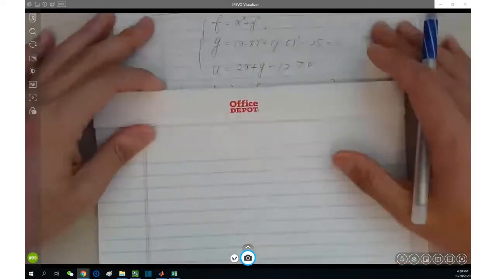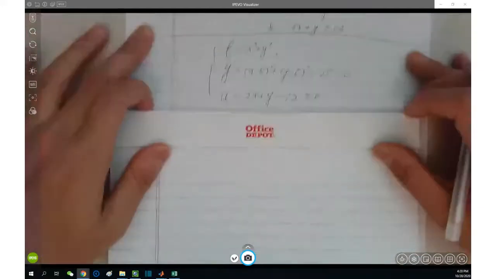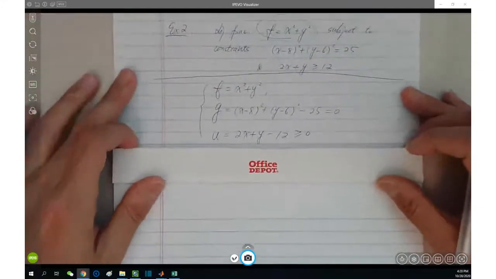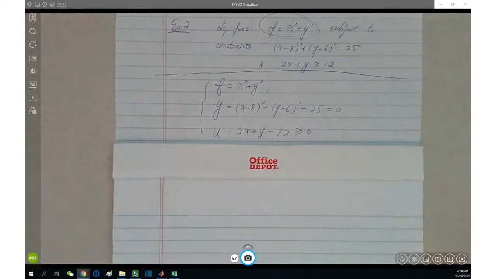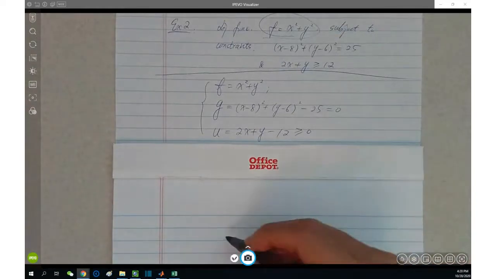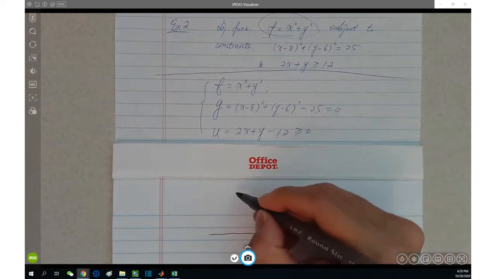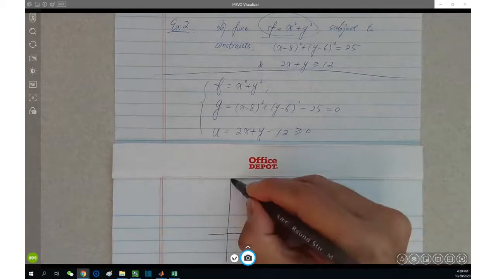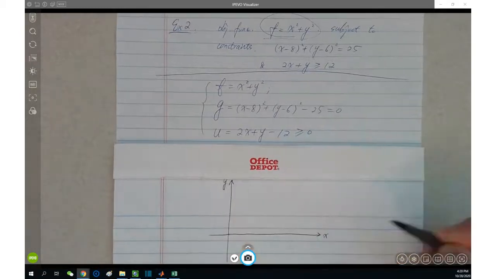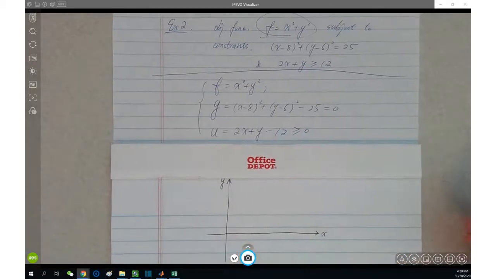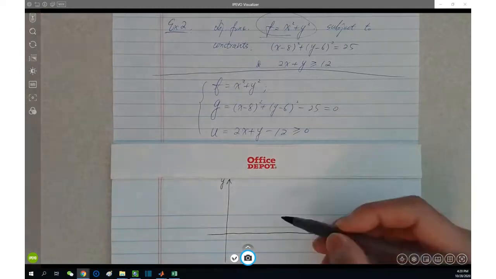Put this problem here. How to visualize this, just like we did last lecture. It's still a circle, actually. Y axis, x axis. First of all, you're seeing the same circle at 8 and 6.